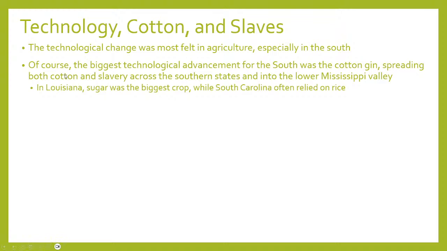But it wasn't all cotton. In Louisiana, sugar was still the biggest crop. Here in South Carolina, we still grew rice in large amounts, because some places it was just too swampy for cotton. But cotton overall was still the biggest crop.